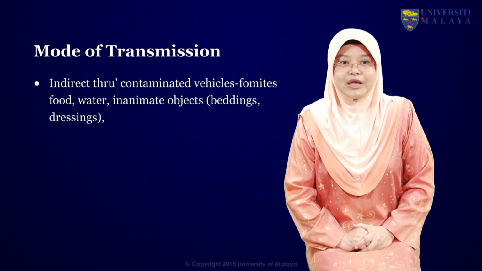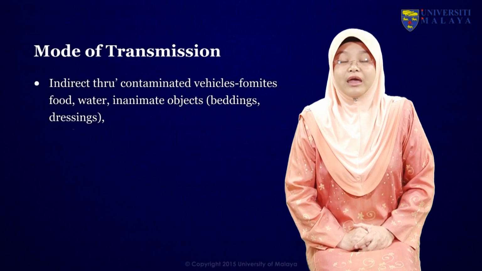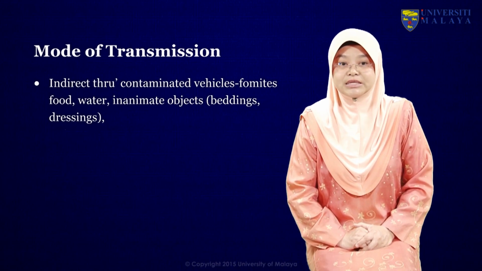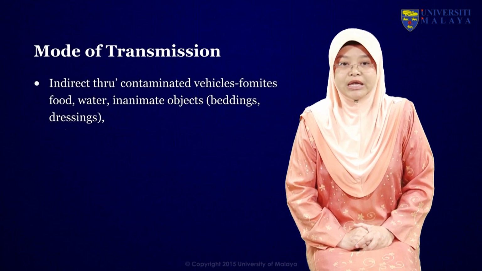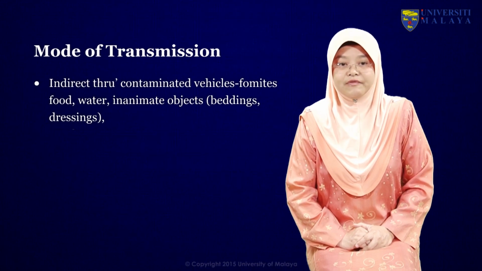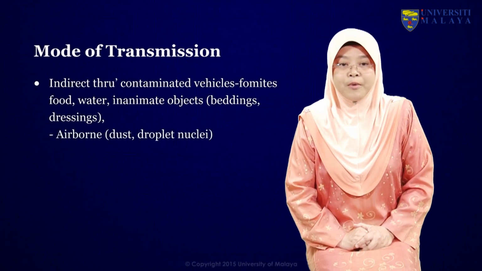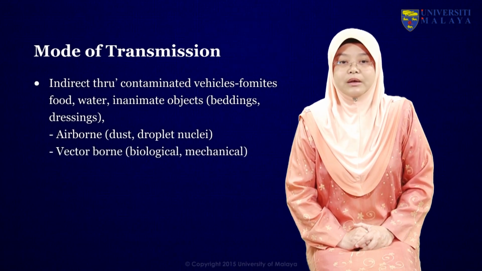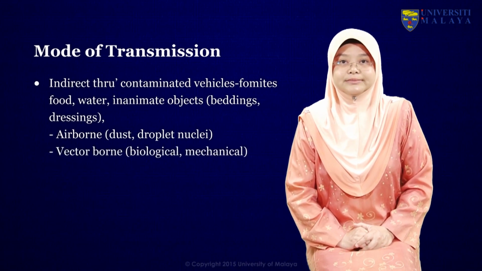Indirect mode of transmission occurs mainly due to contaminated vehicles, fomites such as food, water, inanimate objects such as bathing dressings of a patient, airborne, dust, droplets, nuclei, or vector-borne, biological or mechanical.